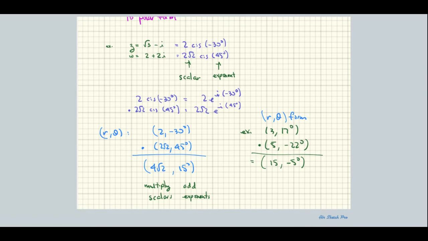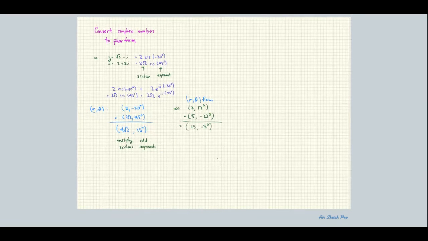Okay. Let's talk about dividing. Okay? And so I'm going to divide now. Again, z is still just what it was, right? And w is still what it was.